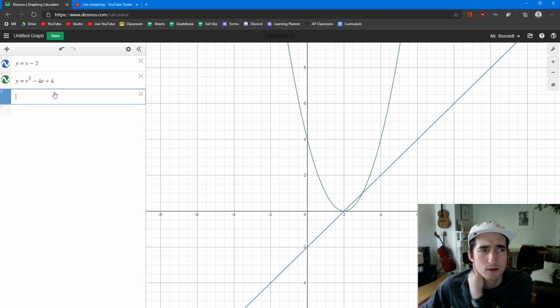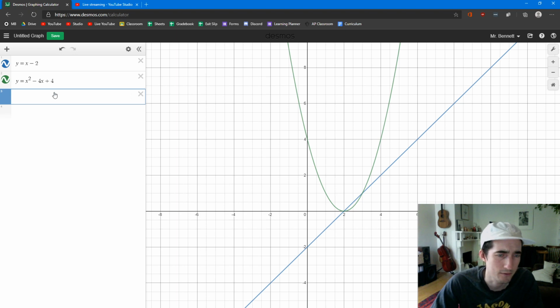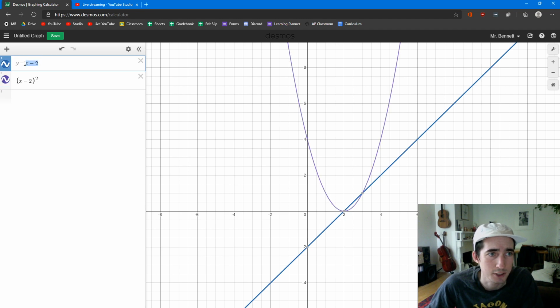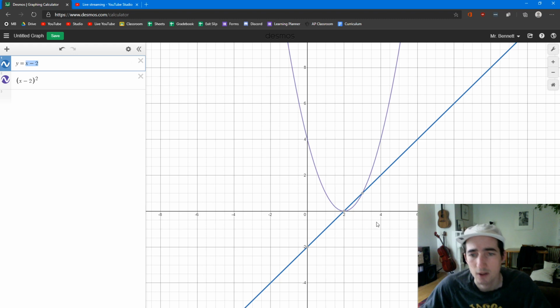Now you might also notice that x minus 2 to the power of 2, that it's the same function, right? So basically what I did was I just took this function and I squared it, okay, and I got the same x-intercept.